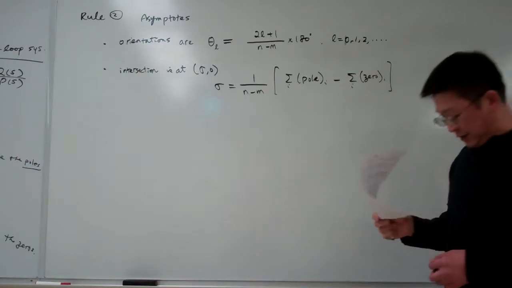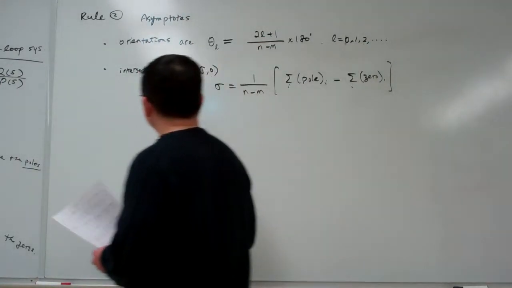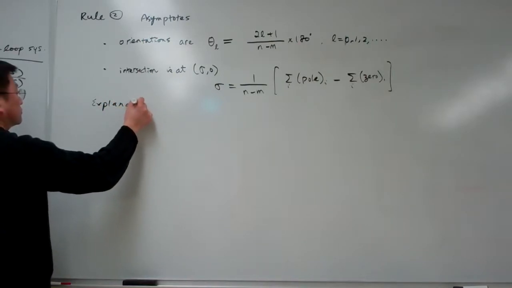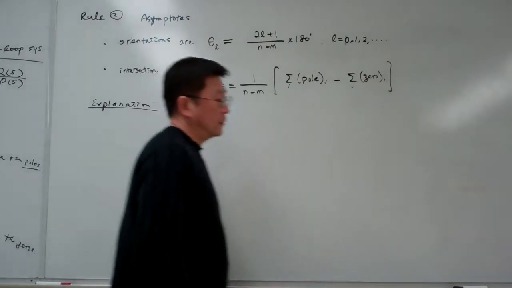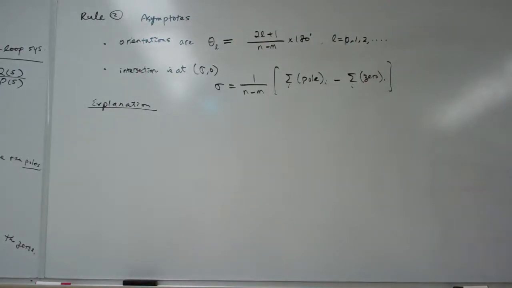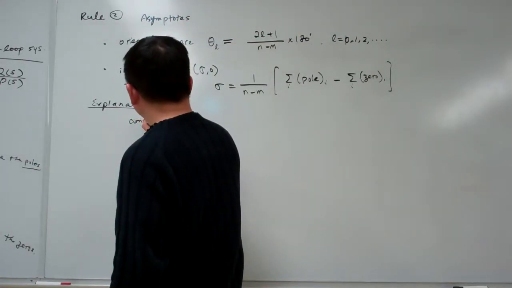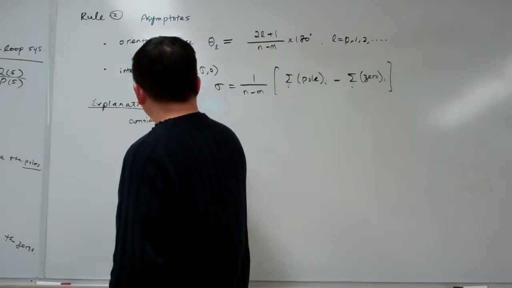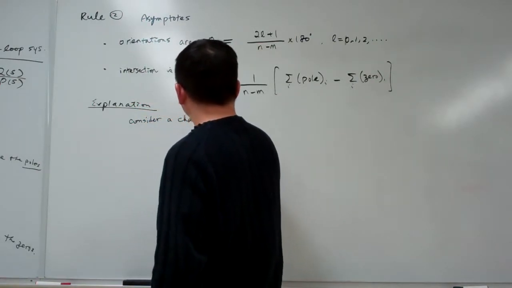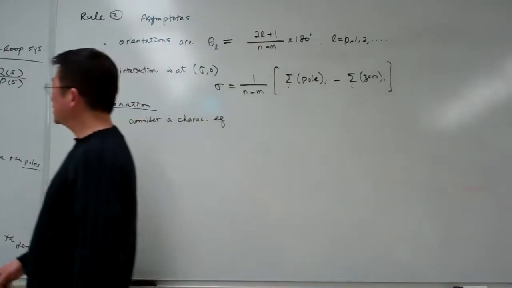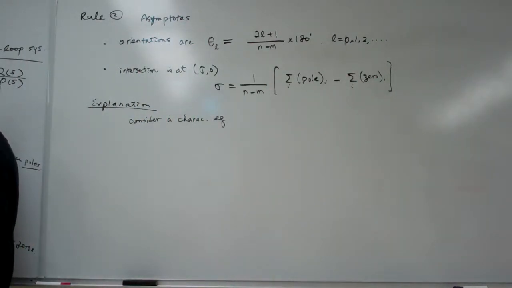And the explanation is this. Again, we can consider one characteristic equation, and the simplest format will be like this.